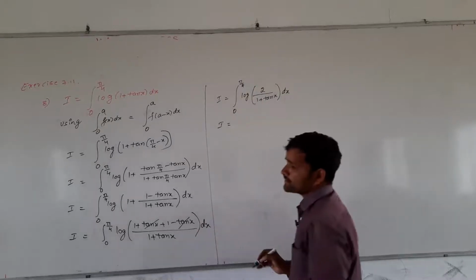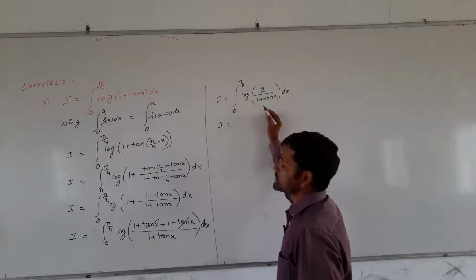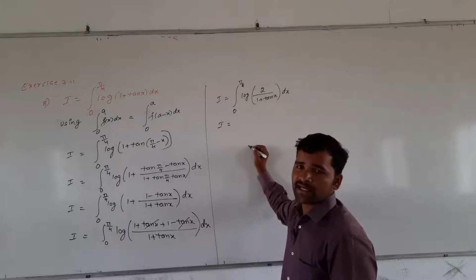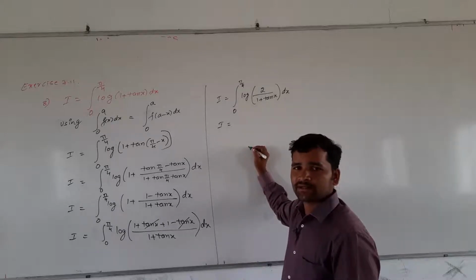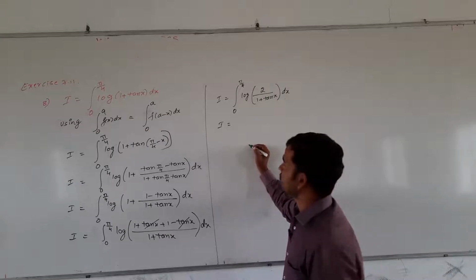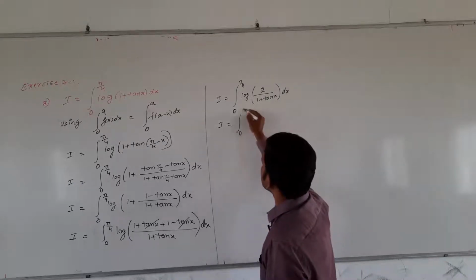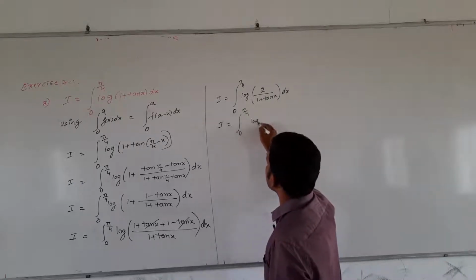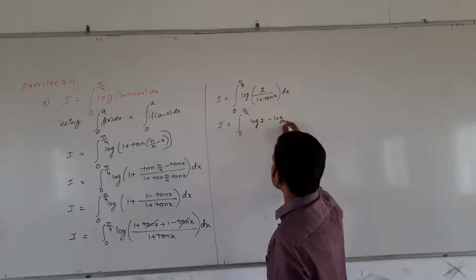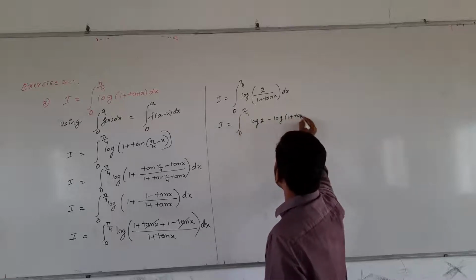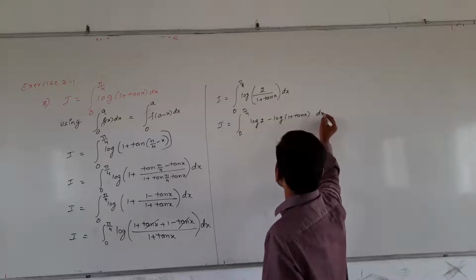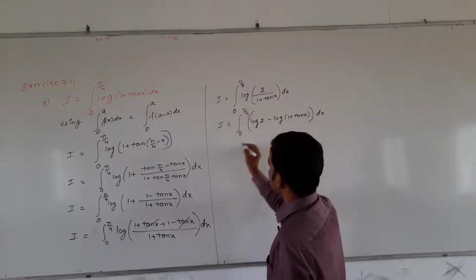I is equal to, you see it is in the form of log of m by n. Log of m by n equals log m minus log n, we will write. So from 0 to pi by 4, log m means log 2 minus log n, which means log of 1 plus tan x. Whole integral is with respect to x.